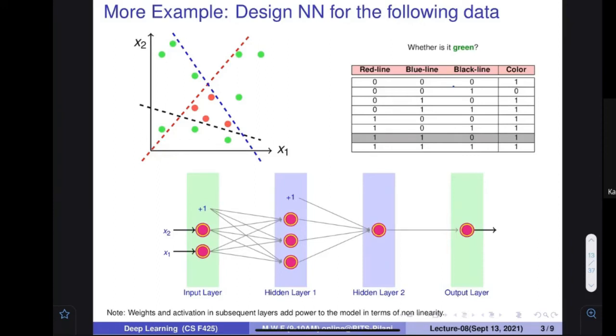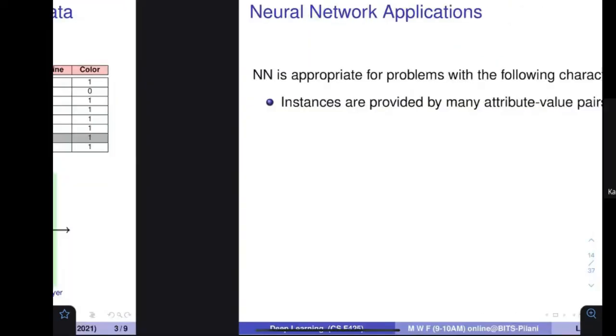So when we go to the higher layers, what does it represent? It represents a higher level of understanding and concepts. All right, any questions?